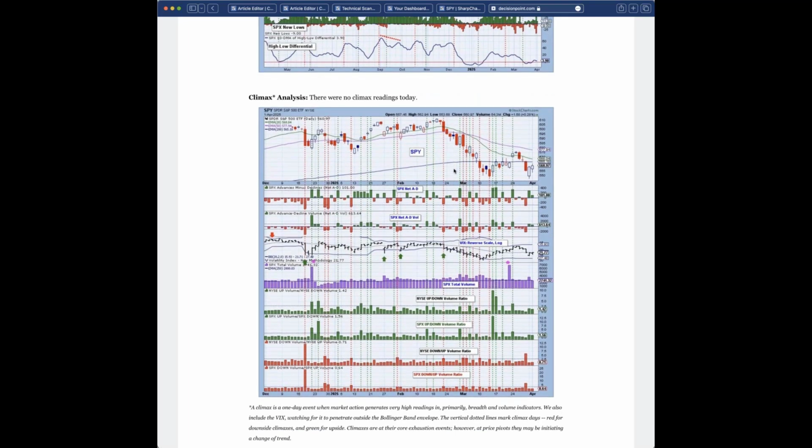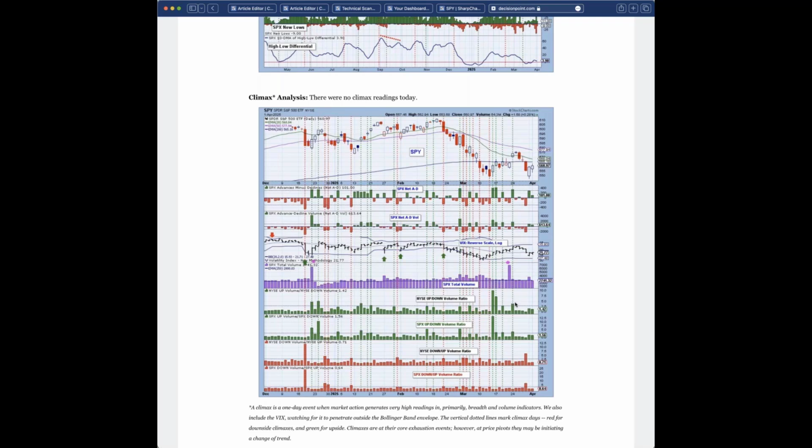You can see that on our climax chart, we haven't had a climax reading this last week. This happened, I guess, early last week. And here you go, the net advances-declines went over the mark, and net advance-decline volume went over the mark.